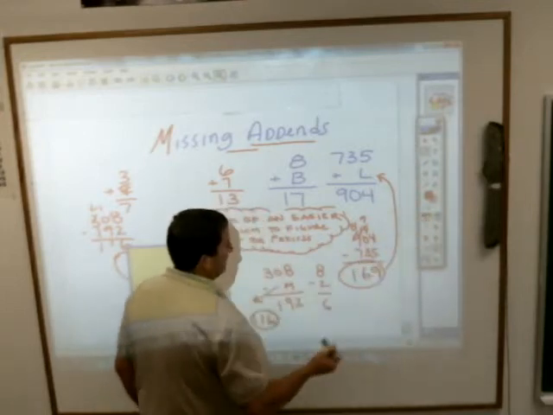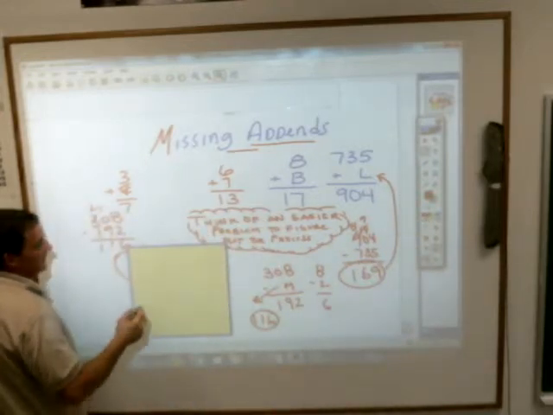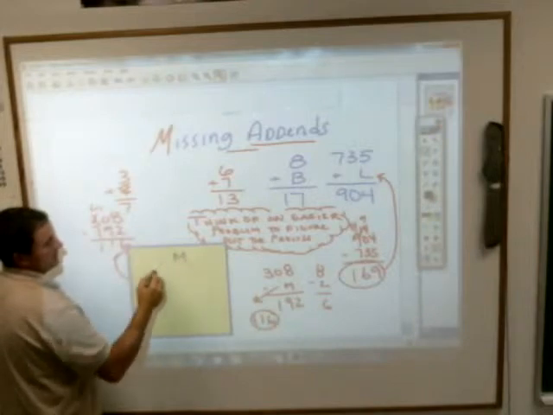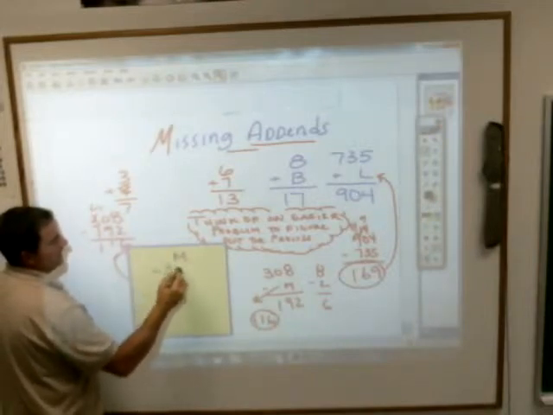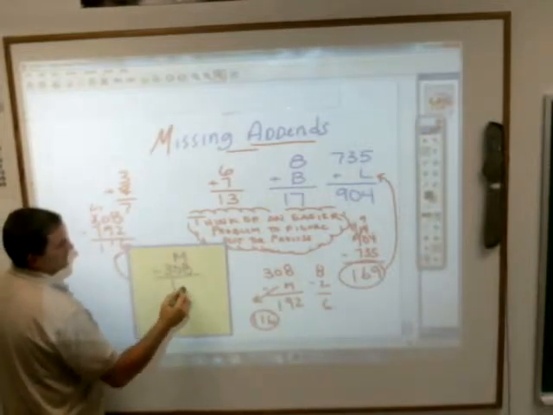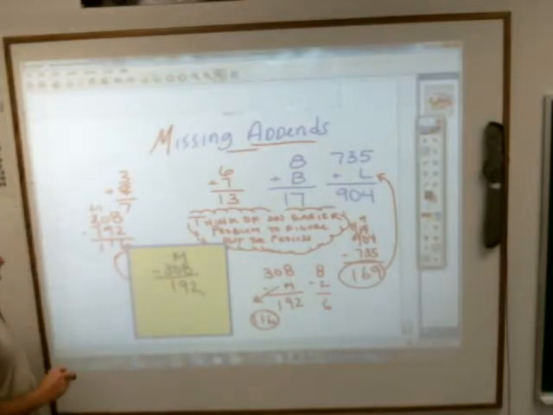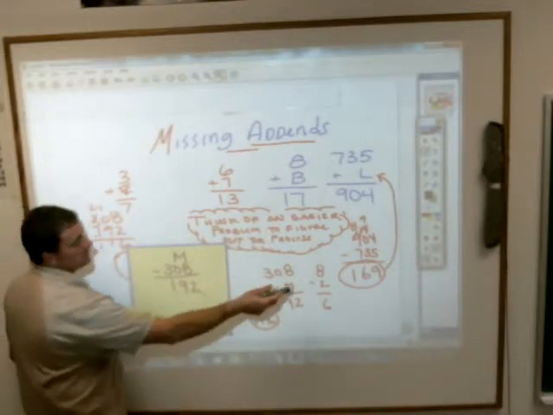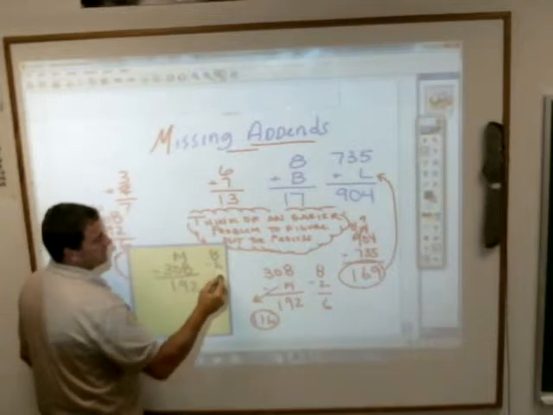What if I had this? What if I had the letter M minus 308 equals 192? I just subtract it. And again, I refuse to answer anybody's question until they have thought of an easier problem, like even using the same one over here, 8 minus 2 is 6.